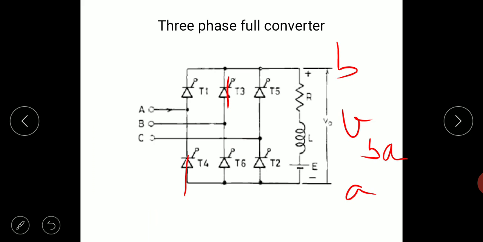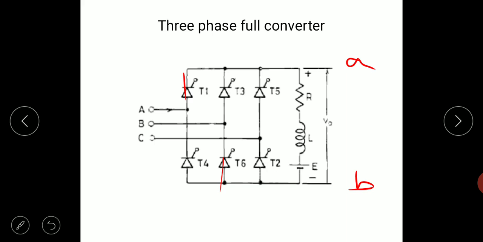If you go through our previous circuit, T1 and T6 will mean VAB voltage. Let's see.